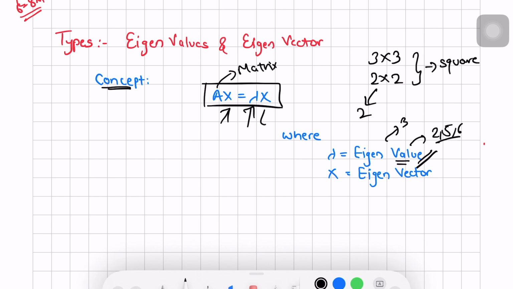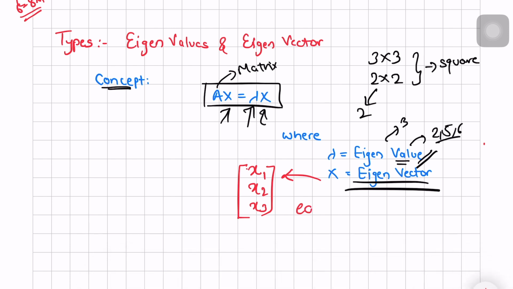Then x represents the eigenvector. The eigenvector is just a column matrix which consists of 3 integers. Each eigenvalue will have its own eigenvector. So if there are 3 eigenvalues, then there will be 3 eigenvectors also.